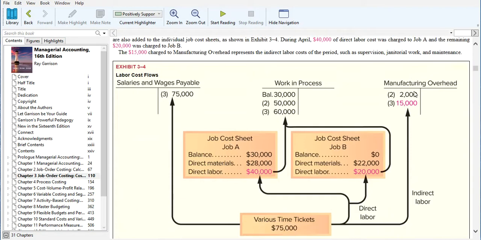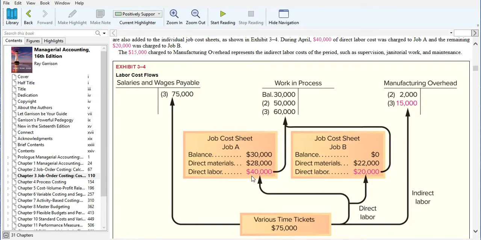Labor costs work in a similar way, although we're not using materials requisition forms. What we have there are timesheets or time records. Based on the time records, you take the total cost of salaries and wages and assign them to wages payable, but those costs also go into the work in process inventory for direct costs.